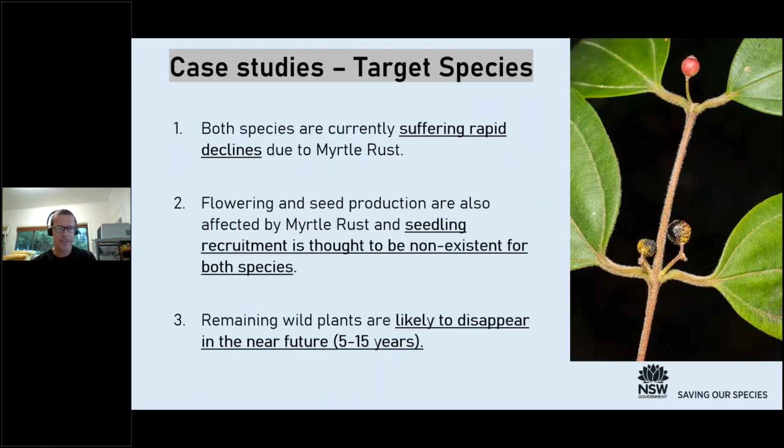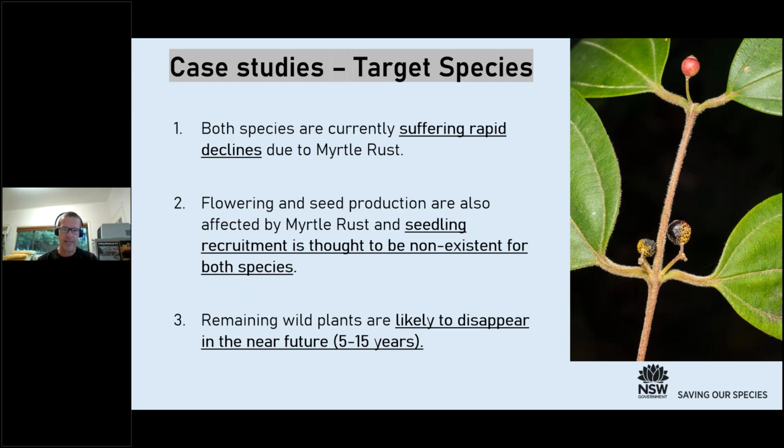One thing that's common to both of those species, and to all of the species that are listed as critically endangered, is that they're suffering these rapid declines from Myrtle Rust. Most of the adult plants for Rhodomyrtus, and on some sites for Rhodamnia, had died within the first few years of Myrtle Rust arriving in Australia.